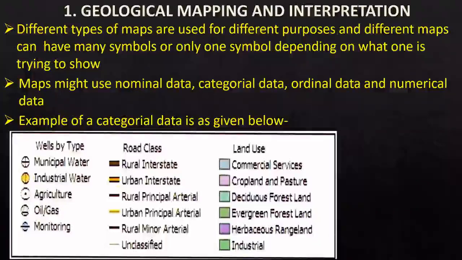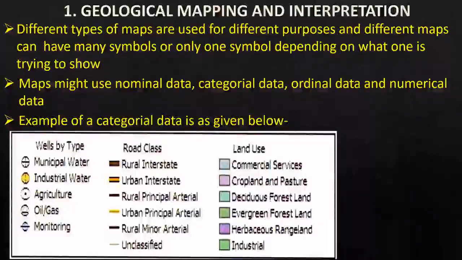We have geological maps, thematic maps, maps showing the land uses, maps showing the rivers, etc. So we have different types of maps, and these maps are based on different purposes. So based upon the purpose and the function, you can use different symbols or only one symbol in a particular map.